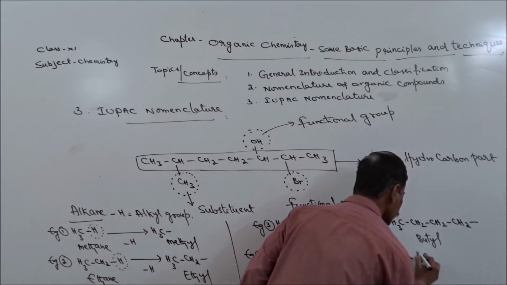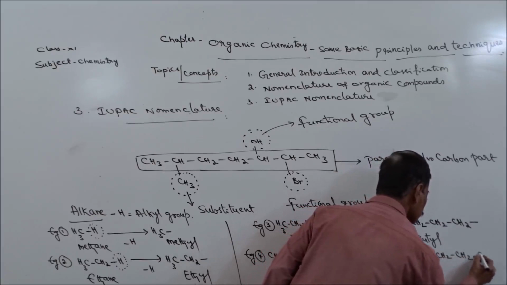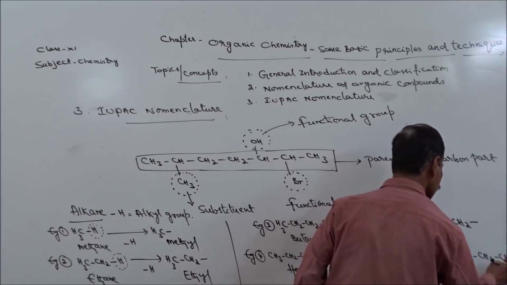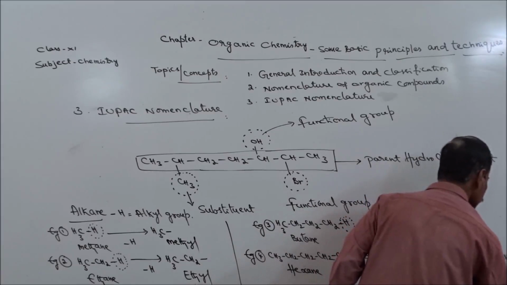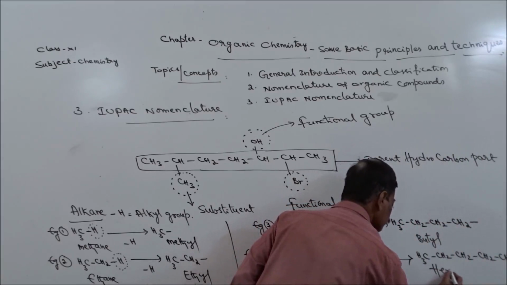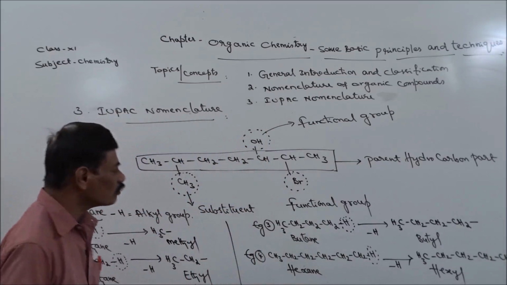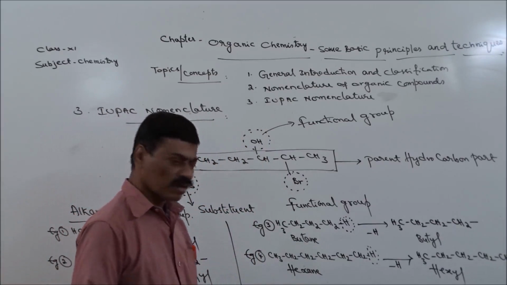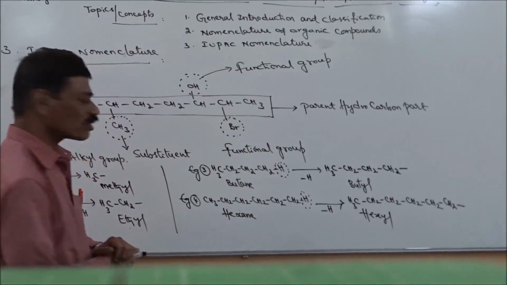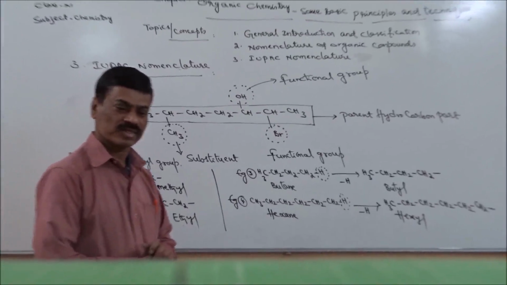As a result, we will get CH3 CH2 CH2 CH2 CH2, 1, 2, 3, 4, 5, CH2 single bond. So this is hexyl. So all these methyl, ethyl, propyl, butyl, etc. are nothing but the alkyl group. So alkyl group is formed when one hydrogen atom is removed from alkane. And thank you children.